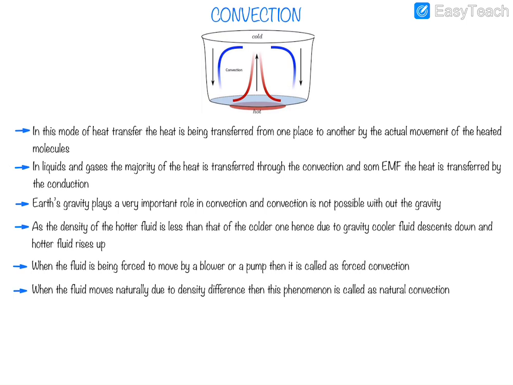You switch on a fan which throws the wind towards the heater, and that wind gets hotter due to the heater and moves towards you due to the force of the fan. In this case, the heat is being transferred from the heater to you by a forceful method, because the fan is giving motion to the wind. So this is called forced convection.